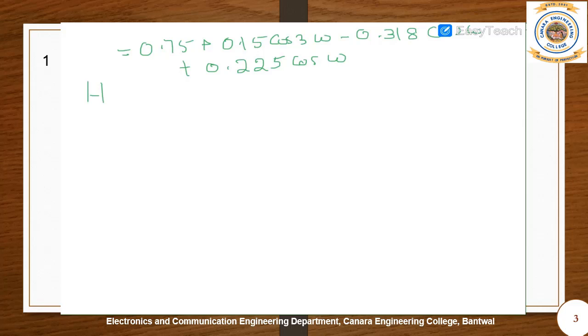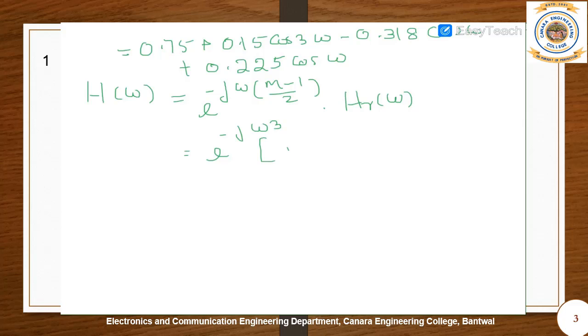So H of omega, overall frequency response, should contain even the phase. So it is e to the power minus j omega (m minus 1) by 2 into HR of omega. It is e to the power minus j omega into 3.